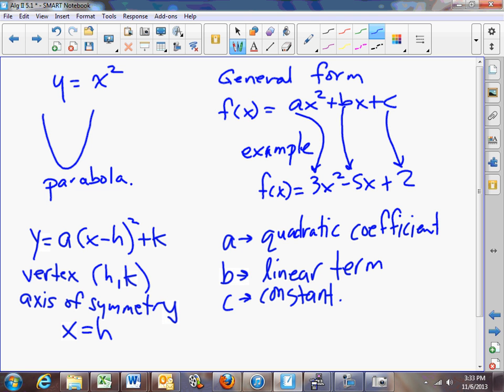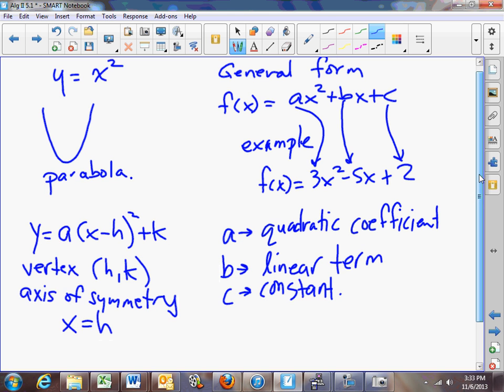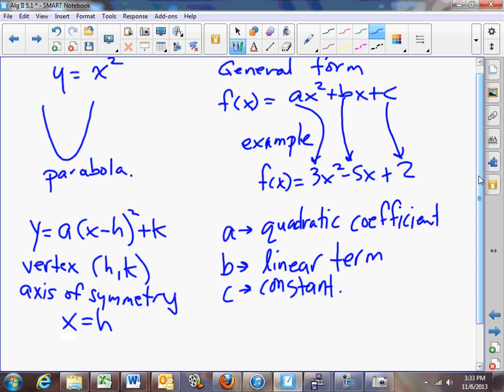Now, with general form, the quadratic function is still going to have all of those same characteristics, but the question is, how will we find the x value of the vertex, the axis of symmetry, and the vertex if we're given a quadratic function in general form?